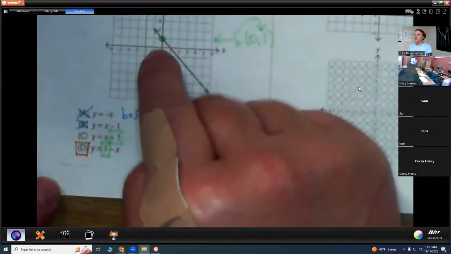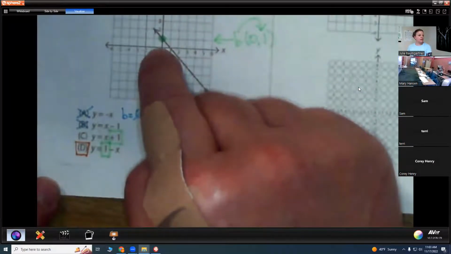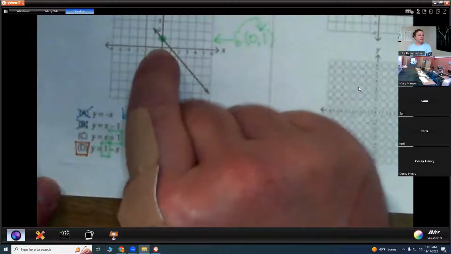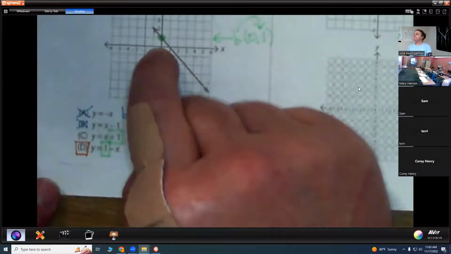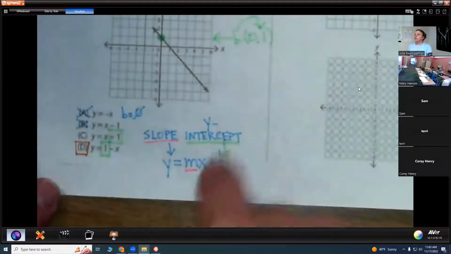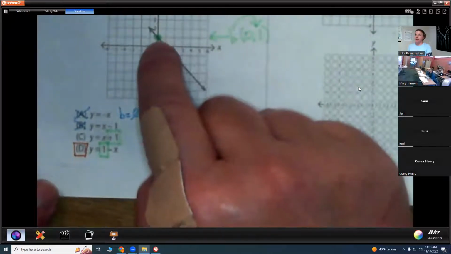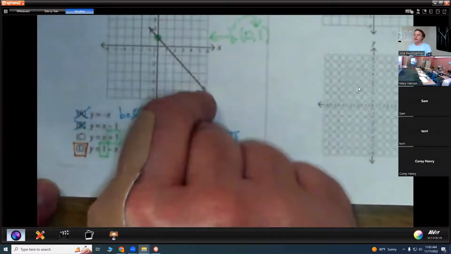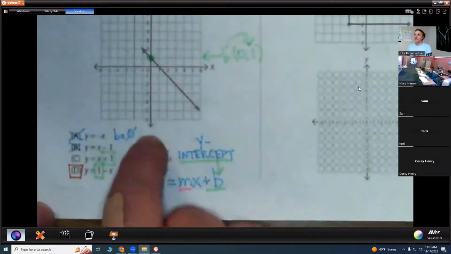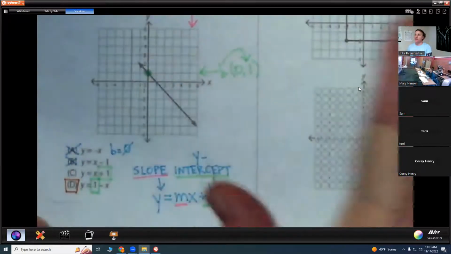If your line goes through the very middle, right? So the B is the y-intercept. So you always look at the line: where is the line crossing our vertical y-axis?